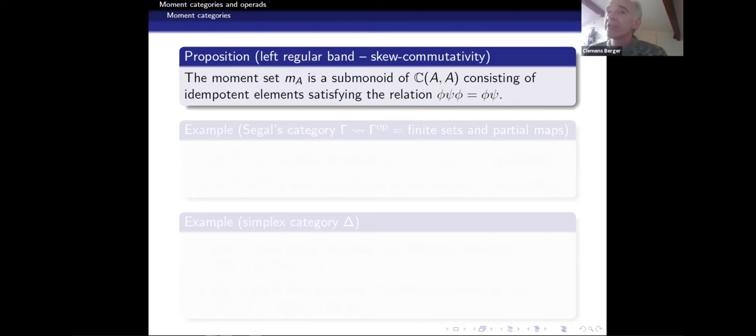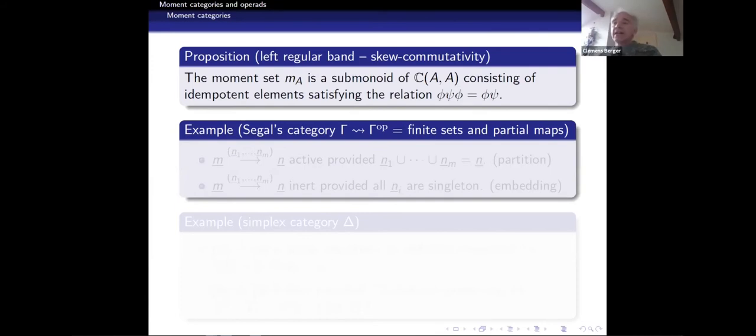It is a very important concept in semigroup theory, and it is somehow automatically given in this context. You can consider moment categories as categorification of left regular bands. So left regular bands are moment categories with one object.